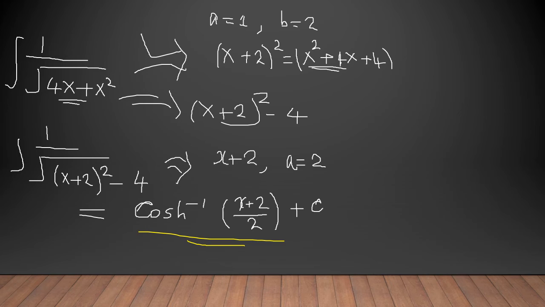So once you square this, what do you expect to be the answer? When you expand this, we know this one becomes x squared plus 4x, isn't it? Yes. x squared plus 4x plus 4.